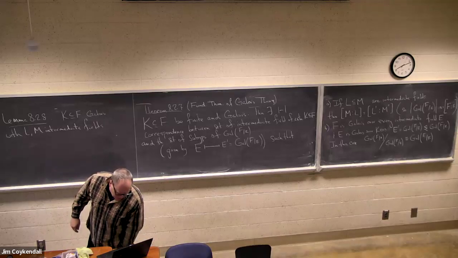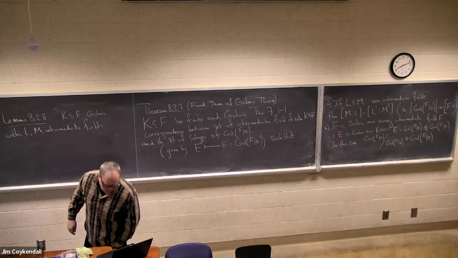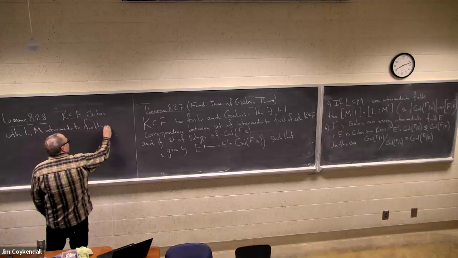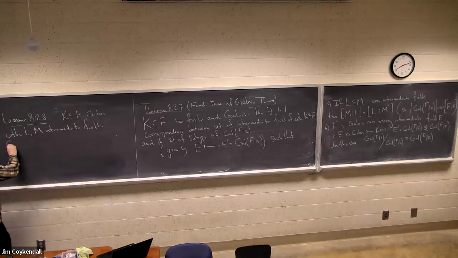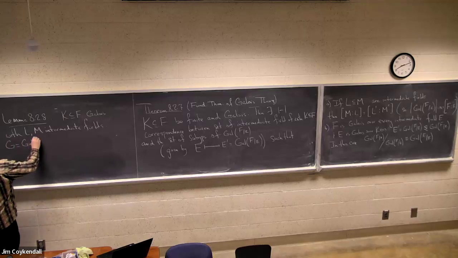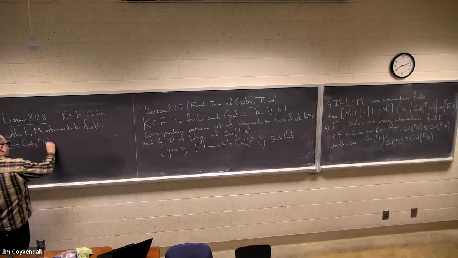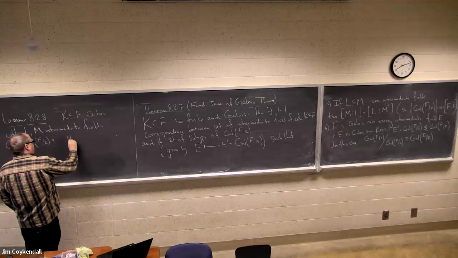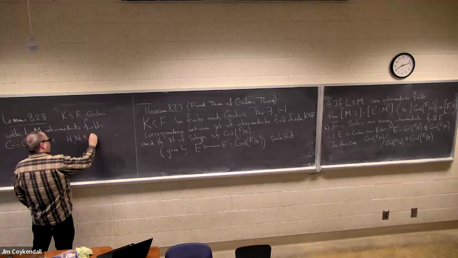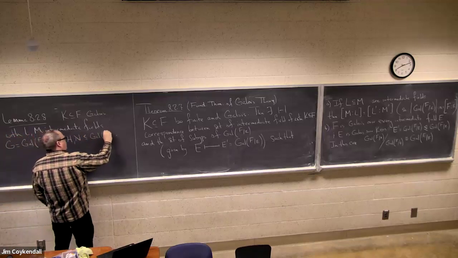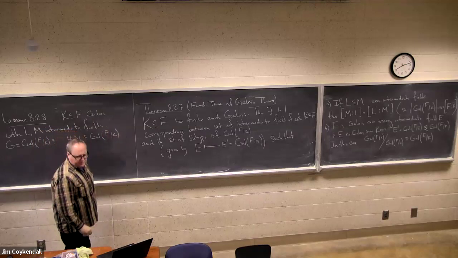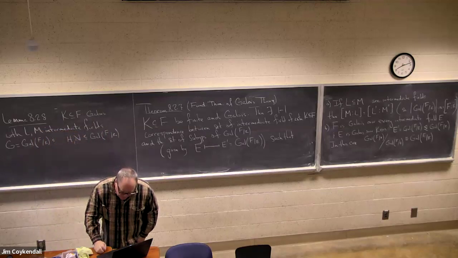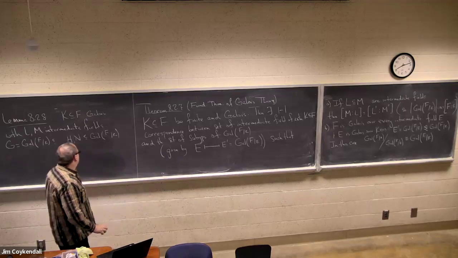Also let G be the Galois group of F over K, and let H and N be subgroups of G, random subgroups. The following conditions hold.